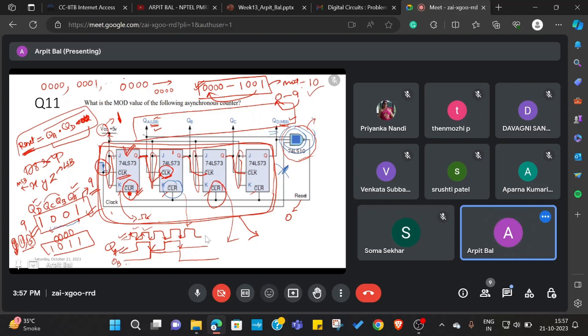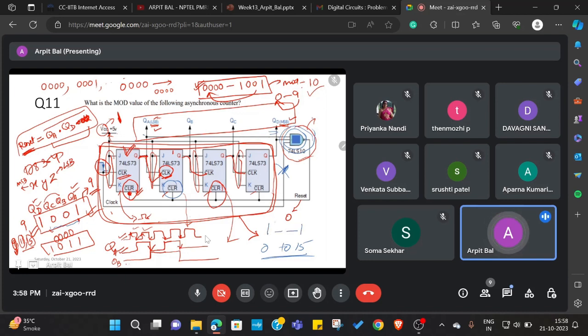But we will take note of the first value that arrives when going from 0 to 15, since there are 4 flip-flops. Right? So when going from 0 to 15, what is the minimum value that is going to set your QD and QA?